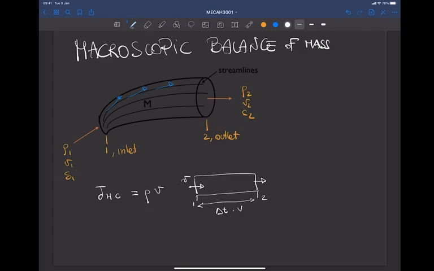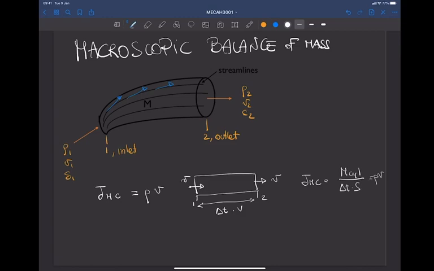So we had a length delta t times v, so that all the particles moving at speed v would have crossed in a time delta t the section. Okay, and then we defined this convective mass flux as the mass in the cylinder divided by the delta t and the section, and so we ended up with rho v.